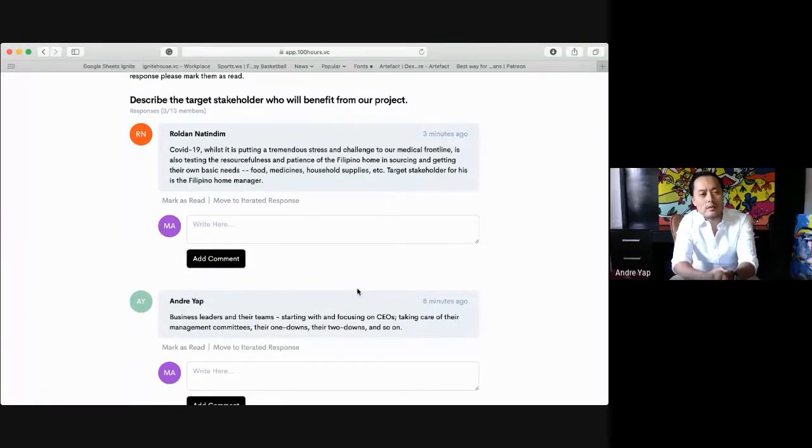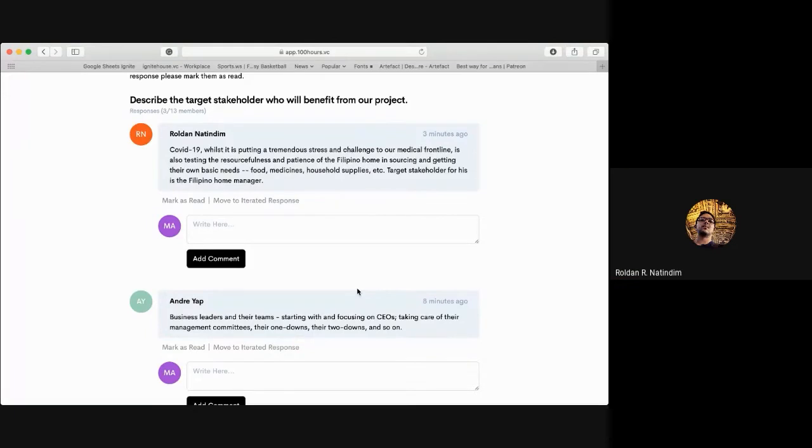But I feel that under this new normal, and whilst we are under ECQ or whatever variations of quarantine the government will need to put in place to protect lives, there must be a better way for the Filipino home manager to still continue to have access to these goods and services.